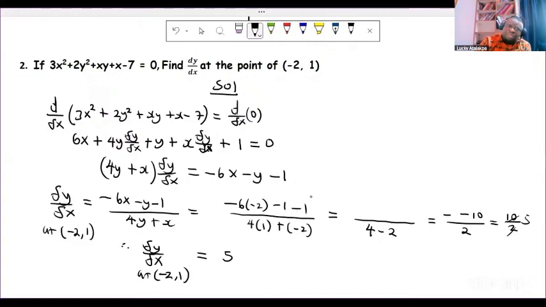Then minus 1. Minus times minus is plus. 6 times 2 is 12. Then minus 2. So 12 minus 2 is 10, right? So 12 minus 2 is 10. 10 over 2 is 5.